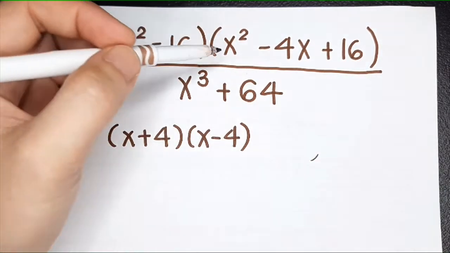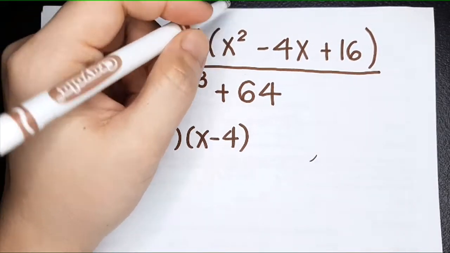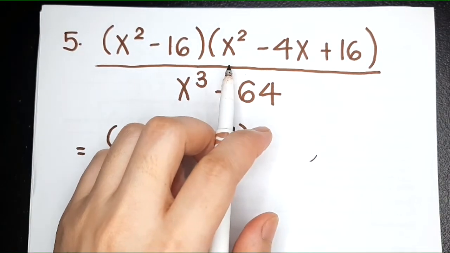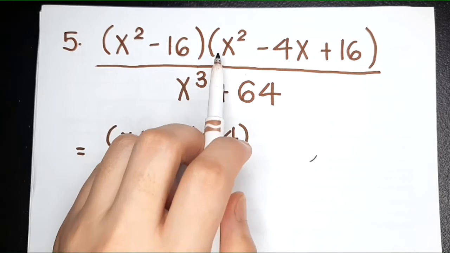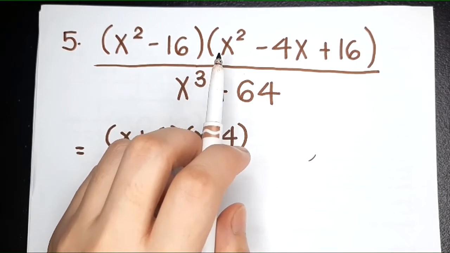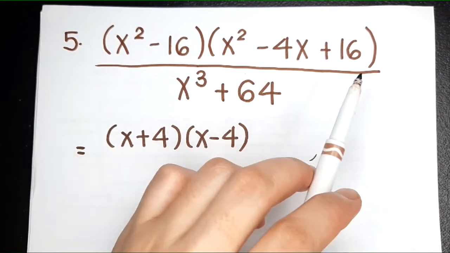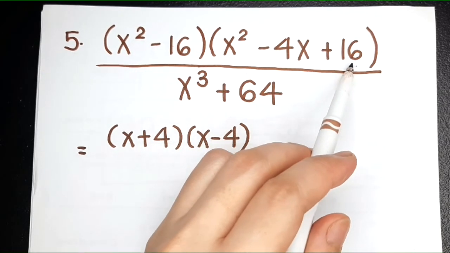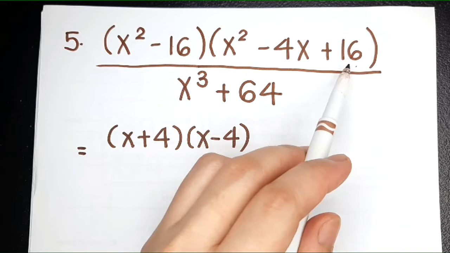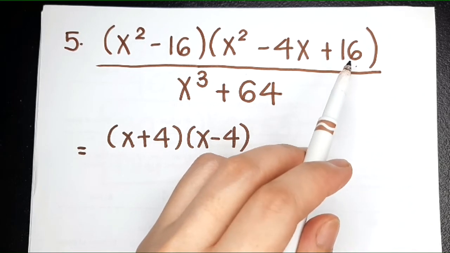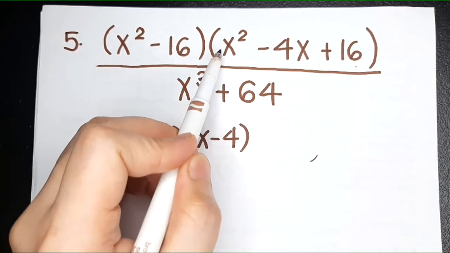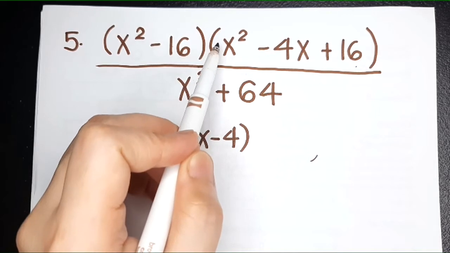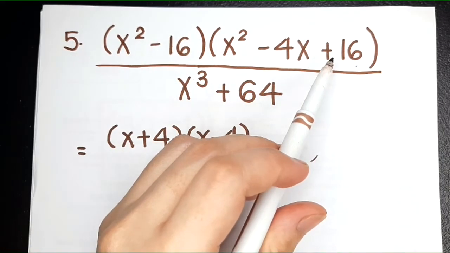Ganito lang yon. You check the coefficient of x squared. Anong coefficient yan? It's 1. And then, you also consider the constant term here. It's positive 16. Now you get their product. It's 1 times a positive 16.